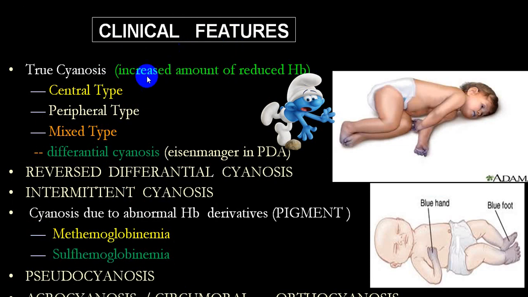Clinical features will depend upon the types, like whether it is true cyanosis or pseudocyanosis, or it is a temporary one like acrocyanosis or circumoral cyanosis, or orthodeoxia, which is very common. Whenever the person stands up, he feels breathless and he is cyanosed. Classical example of that is pulmonary AV malformations.